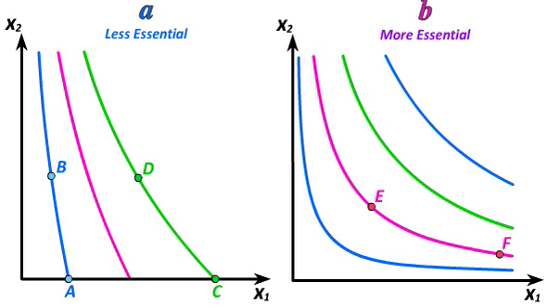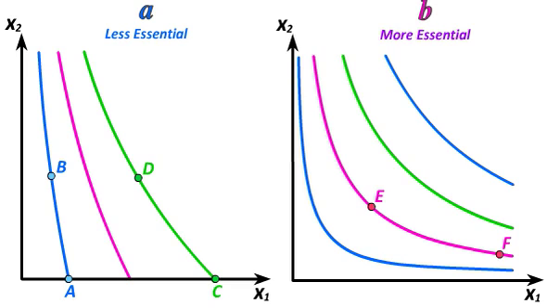A good is therefore defined as essential for a consumer if that consumer cannot reach a utility level above that which she would attain by consuming nothing, unless she consumed at least some of the essential good. In terms of the graph, a good is essential if the indifference curves do not cross the axis of the other good.